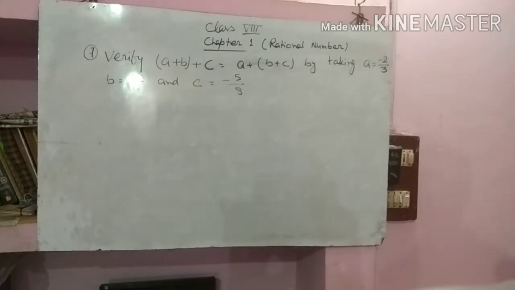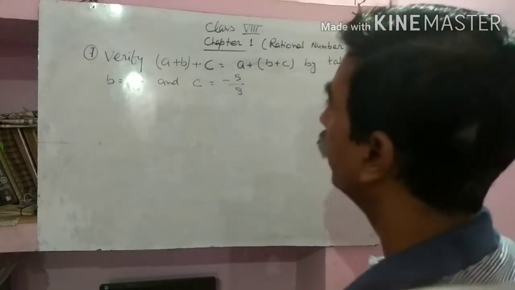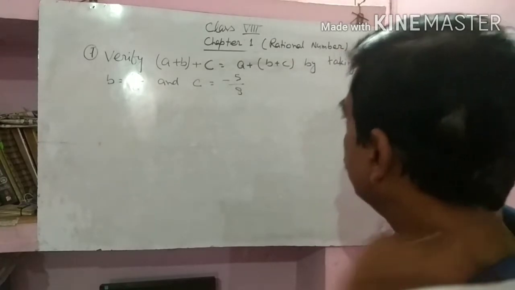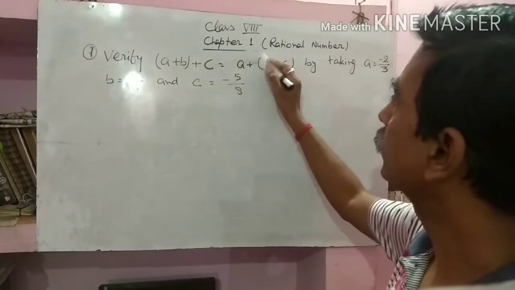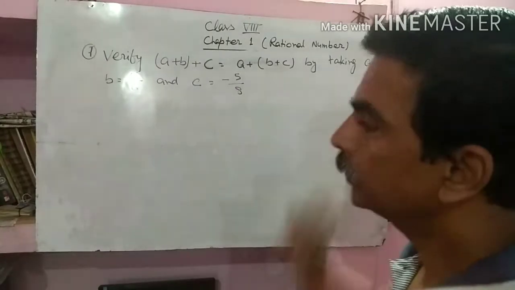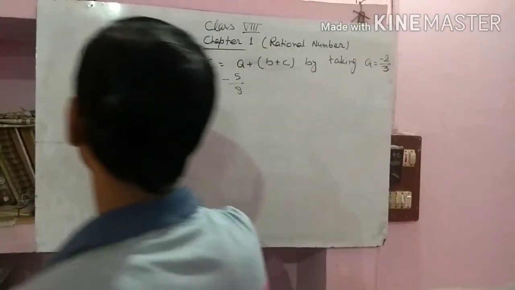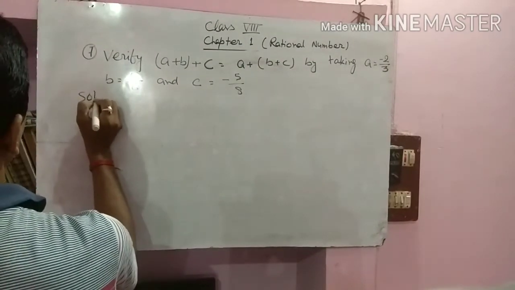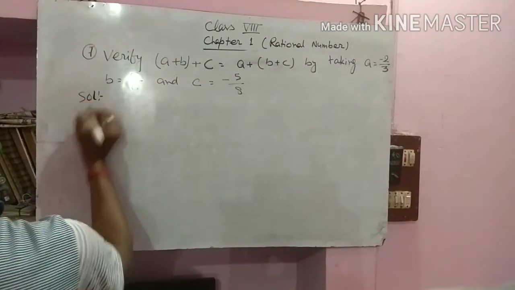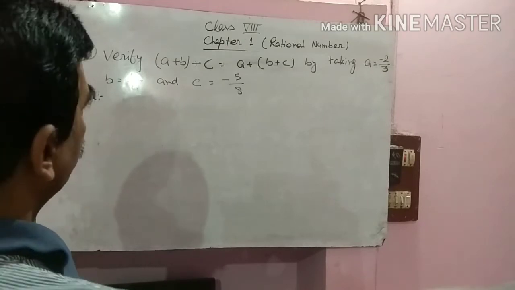As question number 7 is written, verify a plus b plus c is equal to a plus, in bracket, b plus c. This is in the form of associative property, meaning when the numbers are grouped in any way, the value will remain unchanged. So the rational numbers can be grouped any way.